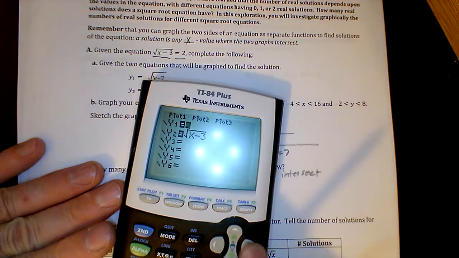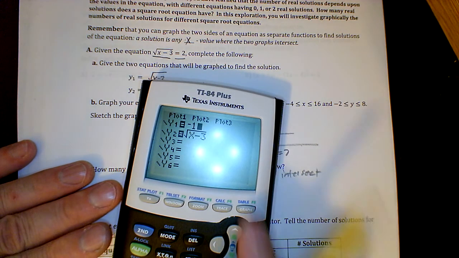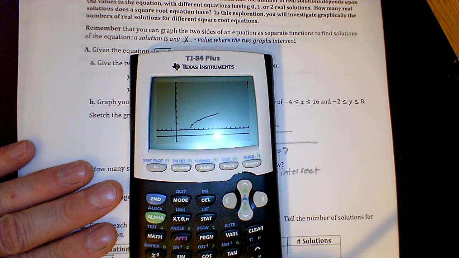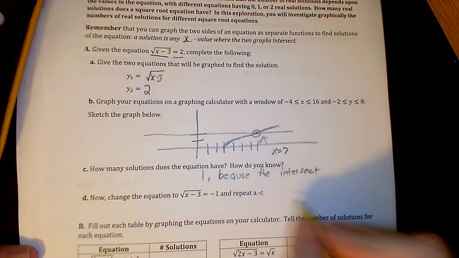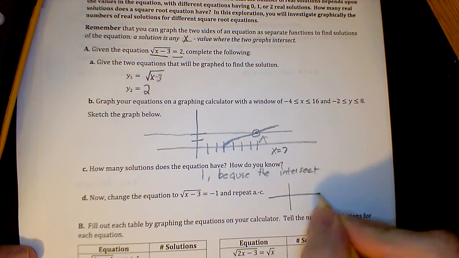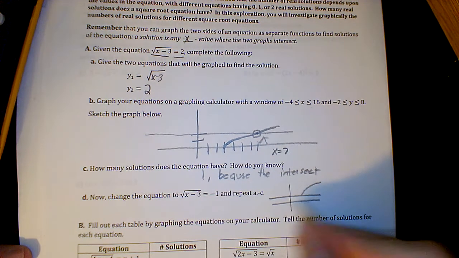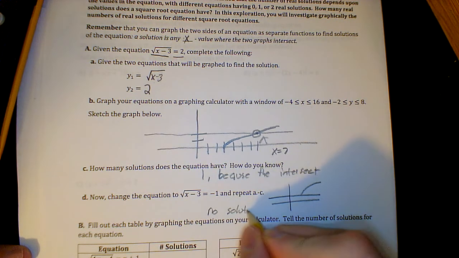Change that using the negative at the bottom, and we'll graph that one as well. And there's the -1, and it doesn't look like they have a solution at all, do they? Here's a quick graph. They never intersect, so no solution.